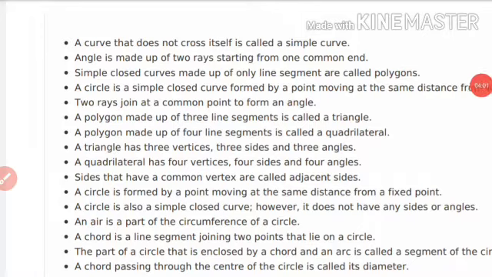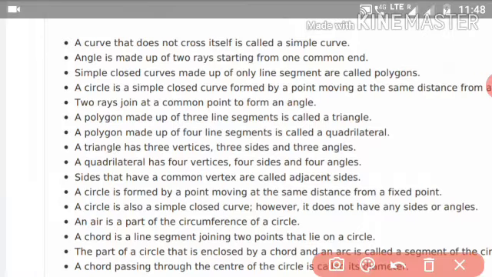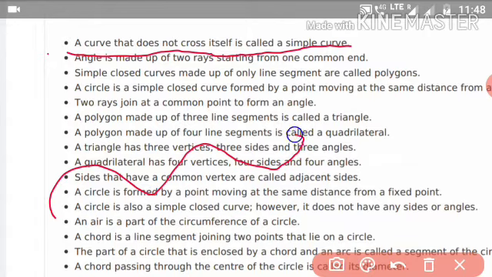Now the important points to know before starting this exercise are: a curve that does not cross itself is called a simple curve. I will give you an example. This is a simple curve, and this line will not cross itself.